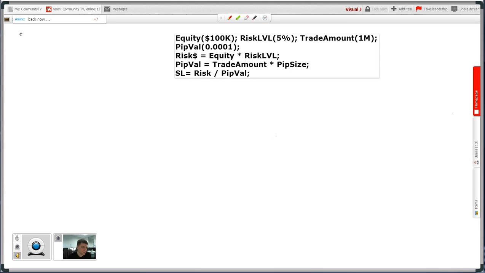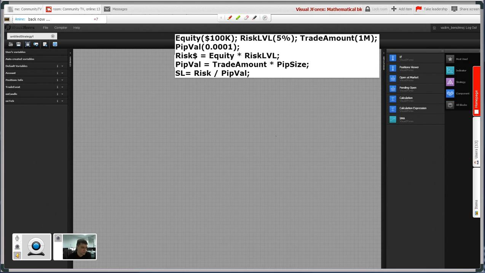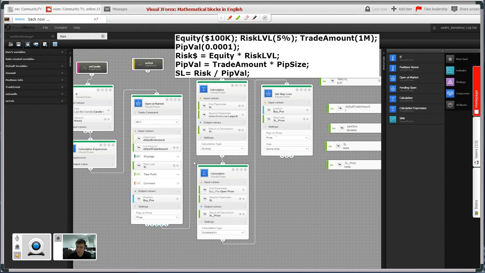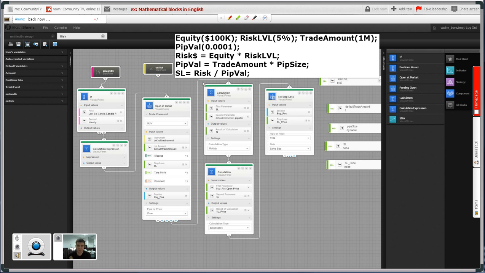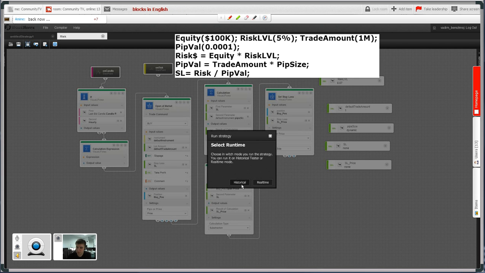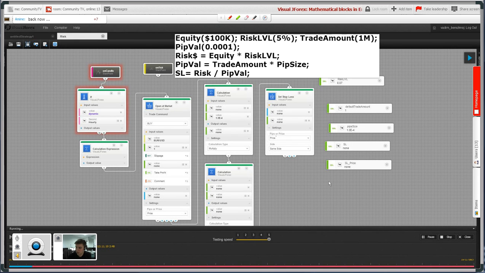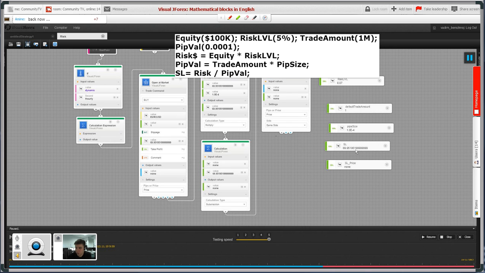Restart. 7% once again, run. Now stop loss is calculating correctly, 70 pips, but it's not assigned to the stop loss level.